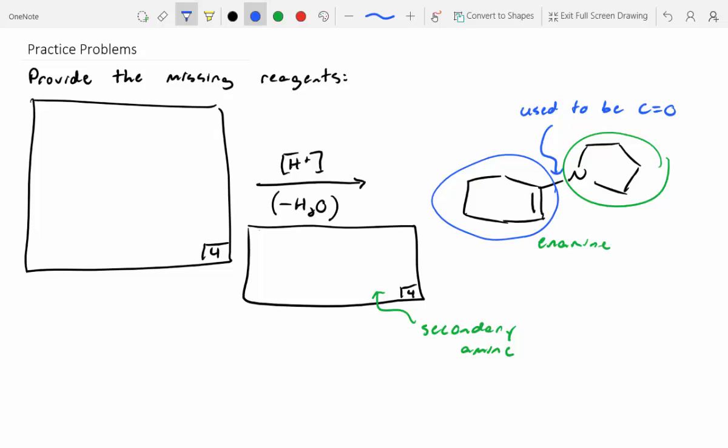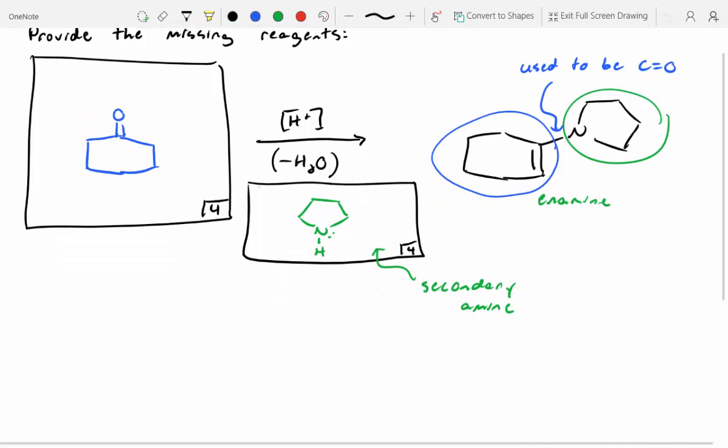So if we fill in these boxes, we know that our ketone was likely cyclohexanone. And then if we look at our amine, it's okay to use a cyclic amine. So in this case, our amine is secondary. It will react with cyclohexanone and will form our desired product. All right, let's try another one.